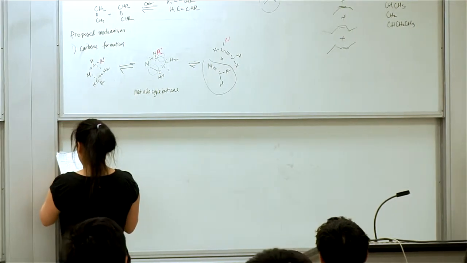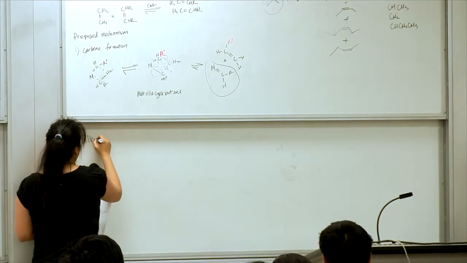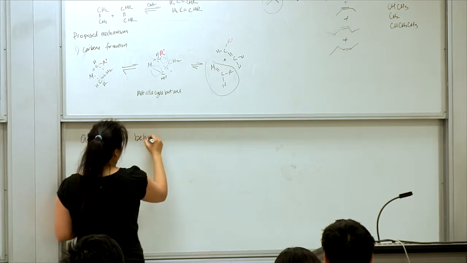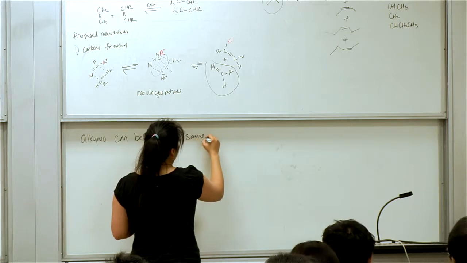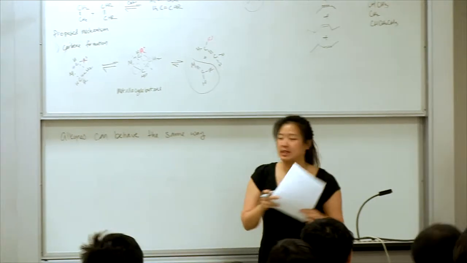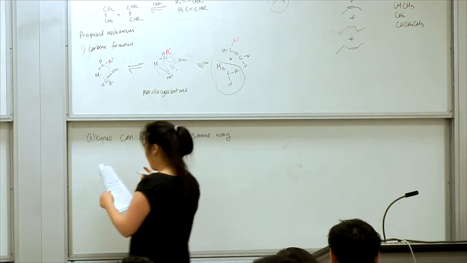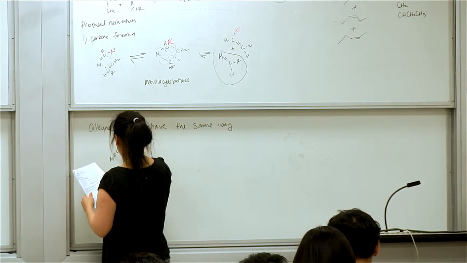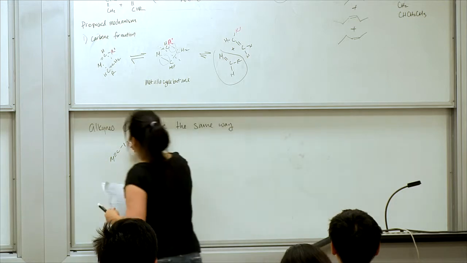The same thing can happen with alkynes. Instead of a carbene intermediate, you have a carbyne intermediate, right? The metal triple bond. So we'll try to do this in different colors again. That helps you keep track.